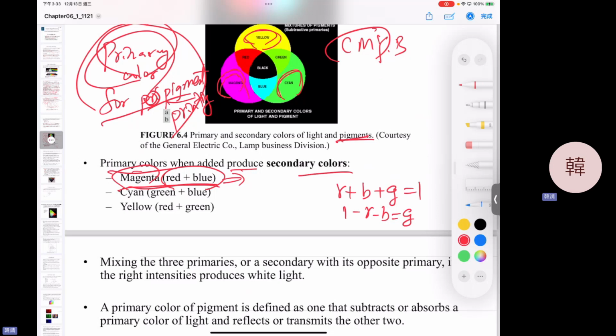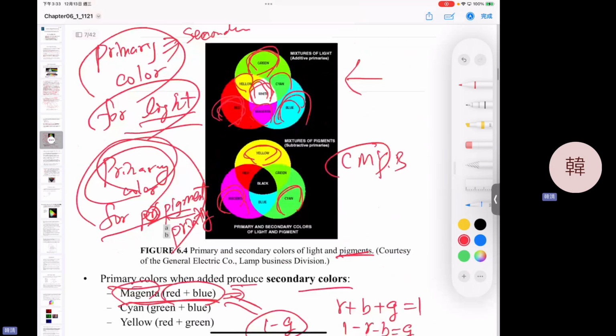So we can say it's 1 minus green. 1 minus green is the magenta color. So from the system you can see green here, and its corresponding secondary color is magenta. From this graph you can also recognize their relationship.